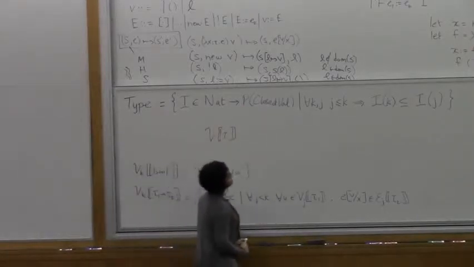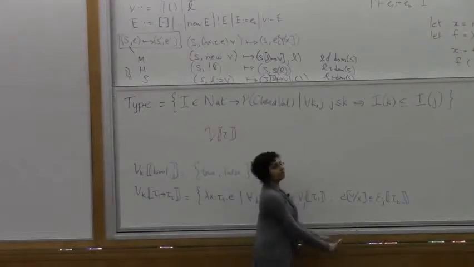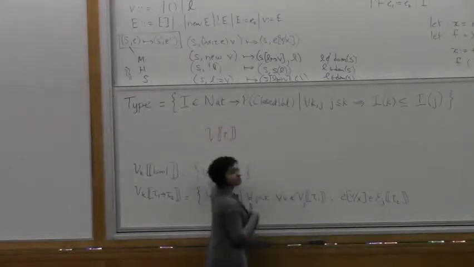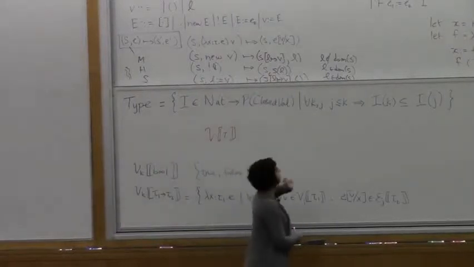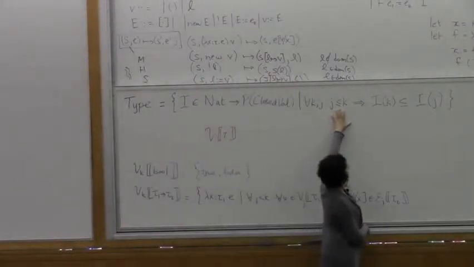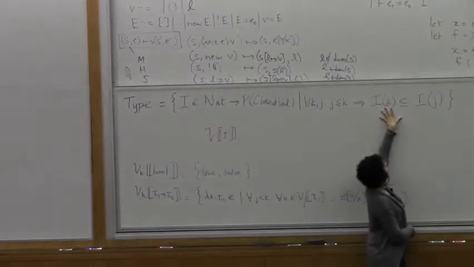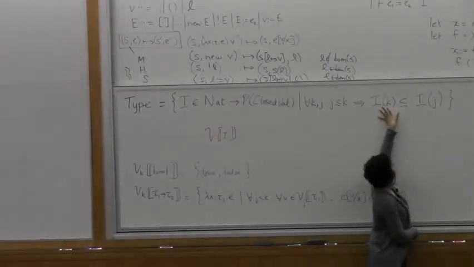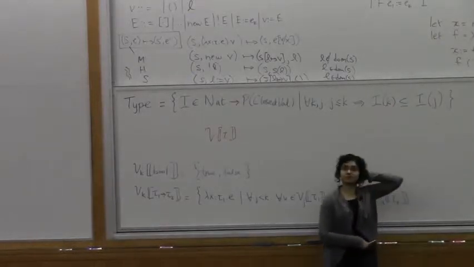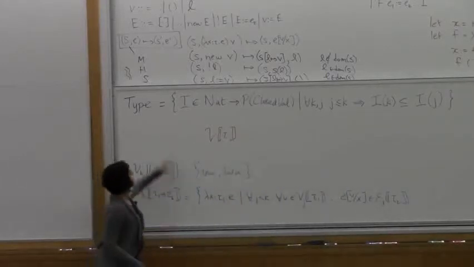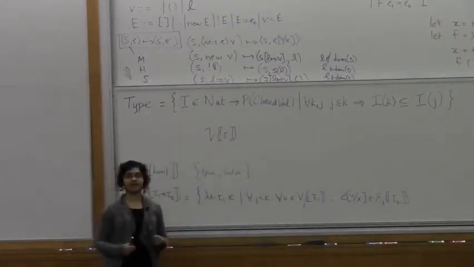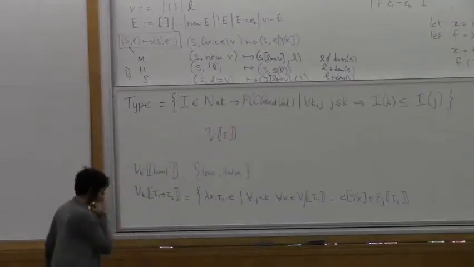And we required that these type interpretations be downward closed, right? So if a value belongs to a type for k-steps, it belongs to it for less than k-steps. And that's all this is saying, right? If a value is in this set for k-steps, then it's in here for j-steps. Okay? So this basically describes the properties that we had for our type interpretations until now.